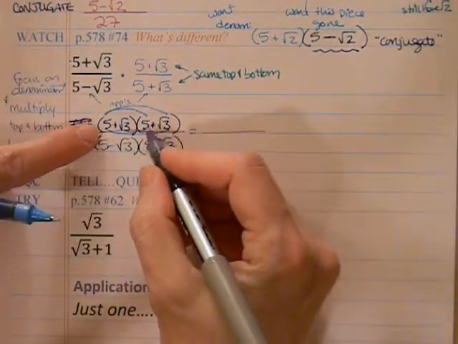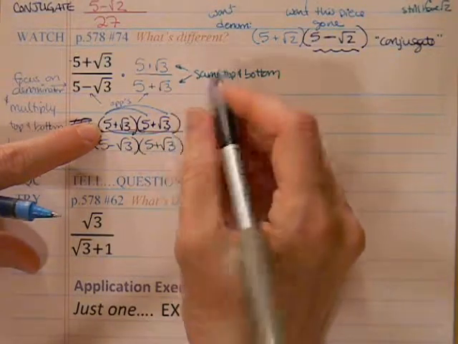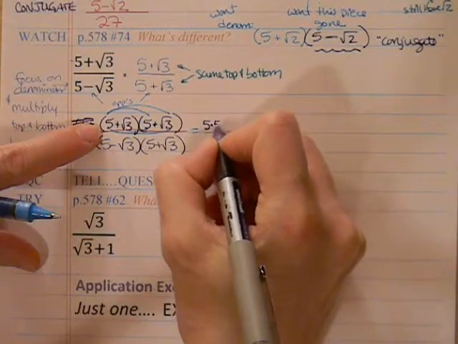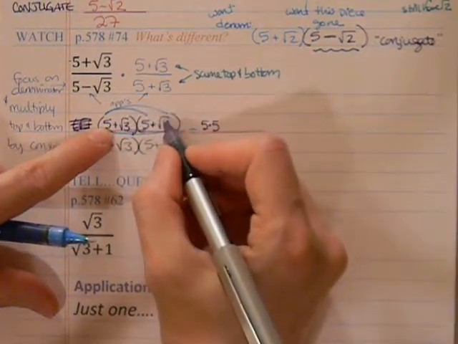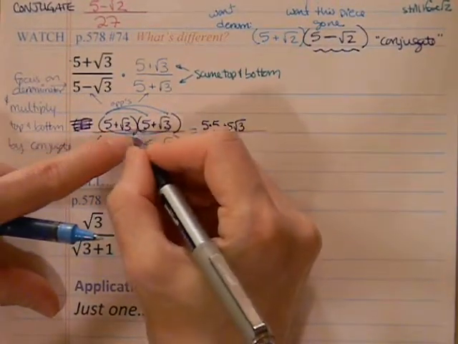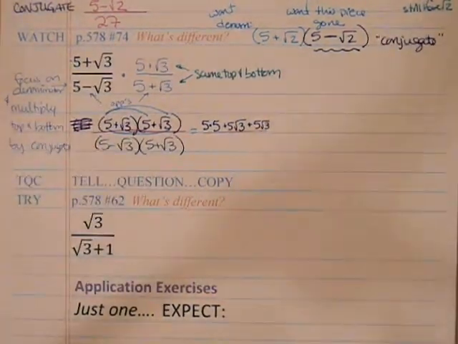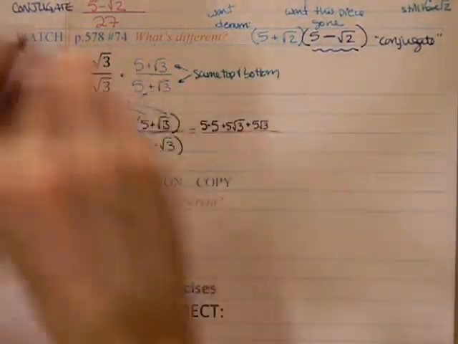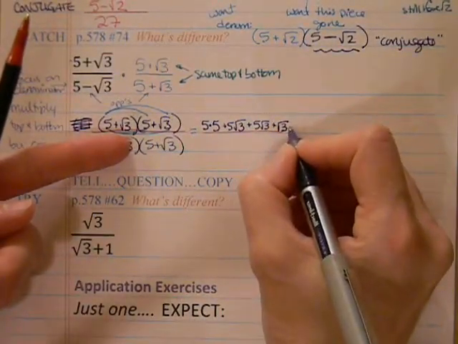First times first, you're going to get 5 times 5, or 25. And then on the outsides, plus a 5 radical 3. The inside, radical 3 times 5, is another 5 radical 3. And then I've got radical 3 times radical 3 as my last times last.